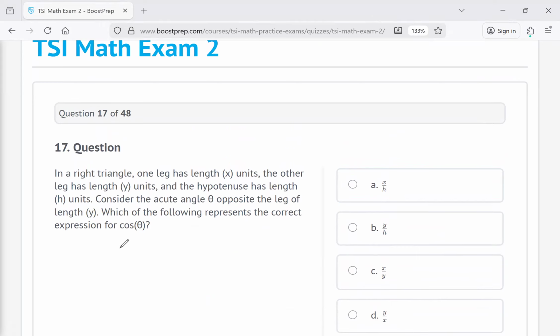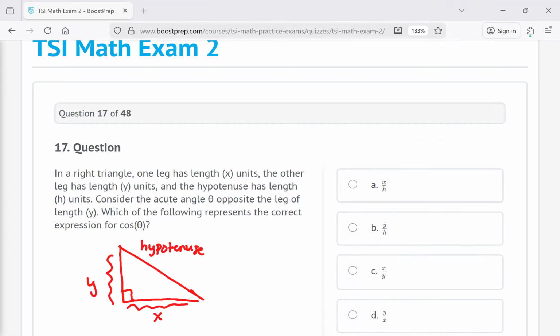Okay, so imagine you have a right triangle like this, and it says one leg has a length of x. Maybe this could be the leg, and one other leg has a length of y, and then you have this hypotenuse. Now we got to figure out where is the correct data, because if you don't put it correctly, it'll be wrong.